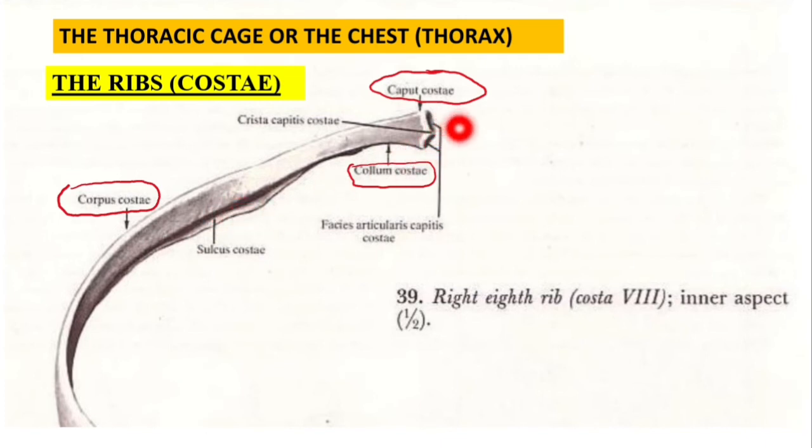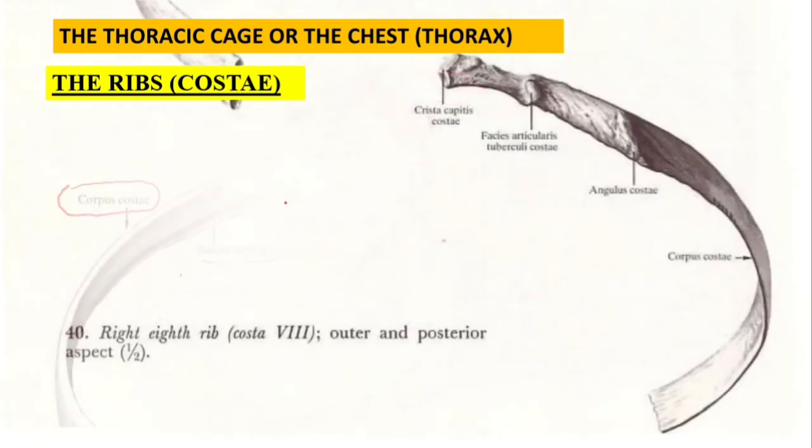This is the facies articularis capitis costae, the articular surface of the head of the rib, for articulating with the vertebrae. This again is just the posterior view.